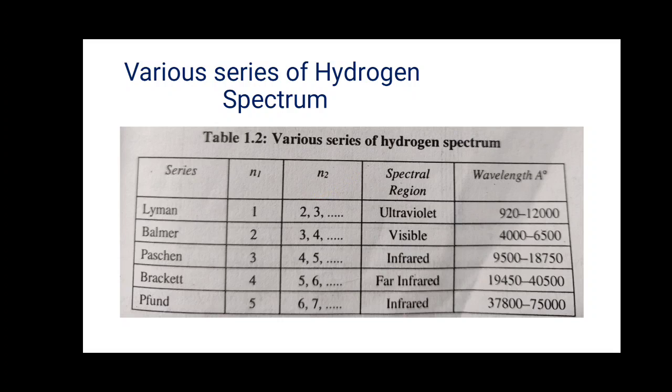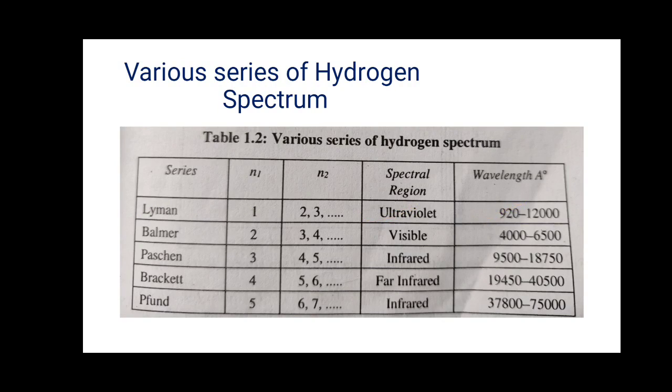that is Lyman series. Lyman series arises when the excited electron from a higher energy level, where n2 is equal to 2, 3, and so on, returns to the ground state, that is n1 equal to 1, the first energy level, or it is called the K shell, and it is observed in the ultraviolet region.